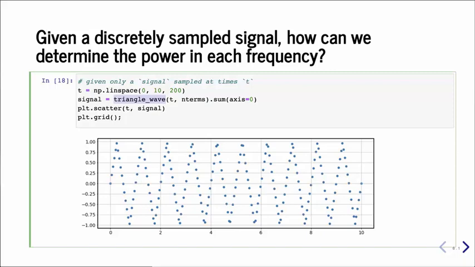If it's a poor fit, then there's probably not much power for that particular frequency we picked. So all we have to do is pick a whole bunch of different frequencies, do a fit, maybe a least squares fit, to figure out what the best fit amplitude and phase are, and then record how well each one of those fits represents the data. And then we can use that to reconstruct the amplitudes of the terms in the signal.